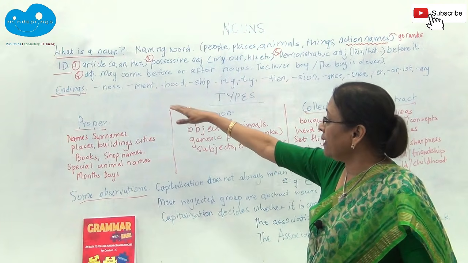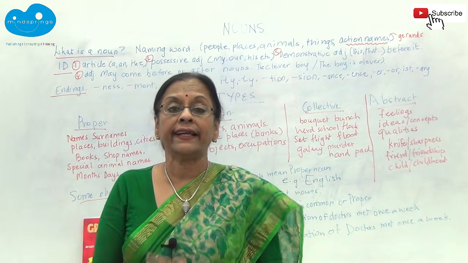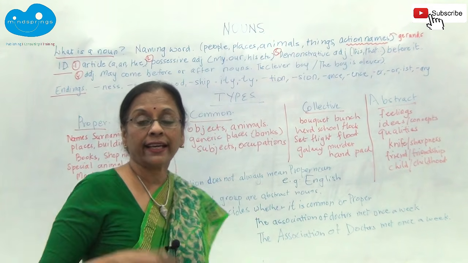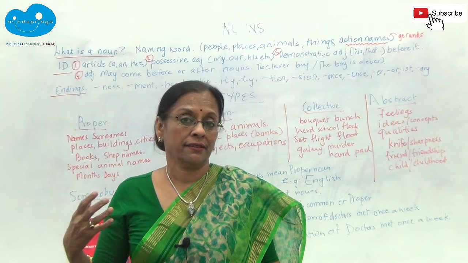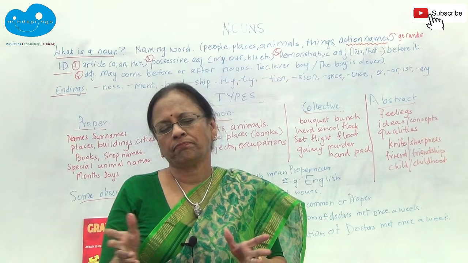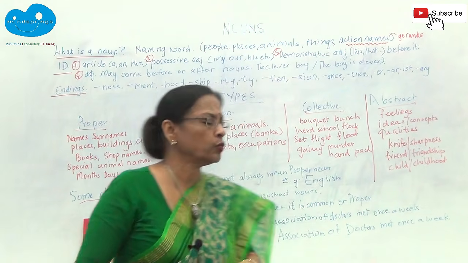Okay, let's look at the endings. Now, nouns come with particular endings. They'll come with the ending NESS, like happiness, sadness, madness, sweetness. So you'll get a lot of ness words.